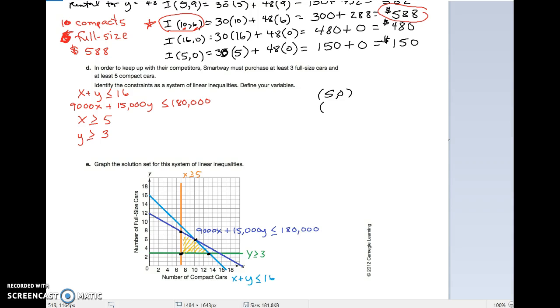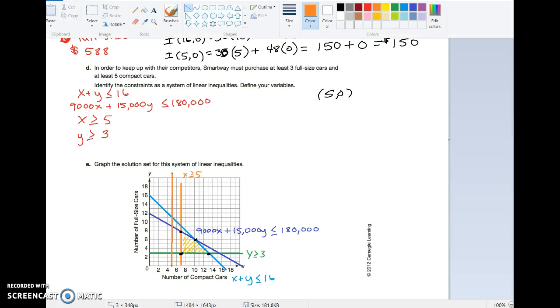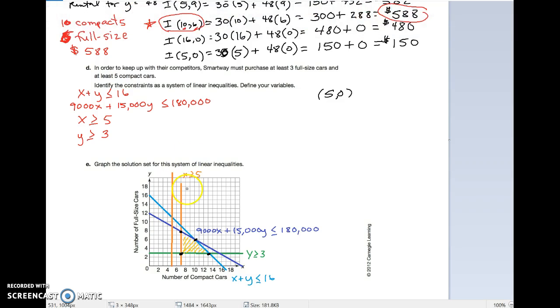Now it looks like it's 5, 9. I know why. See what I did? I made this line right here that I thought was x is greater than or equal to 5, but it was really x is greater than or equal to 7. So this was the wrong line. So I'm going to try to erase that line. Probably erase a lot of other stuff too, but we'll see if I can do it.